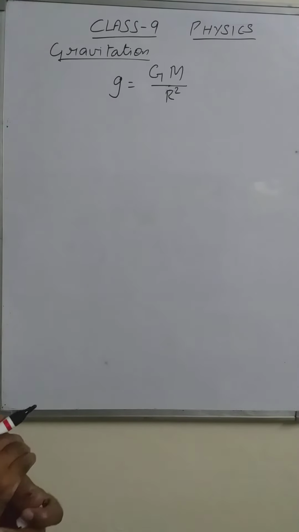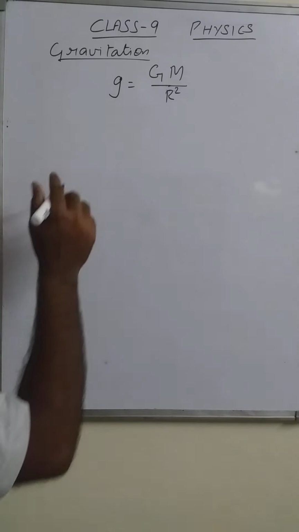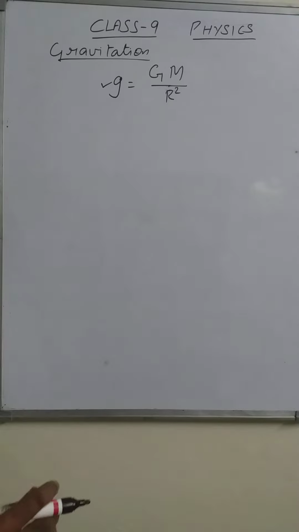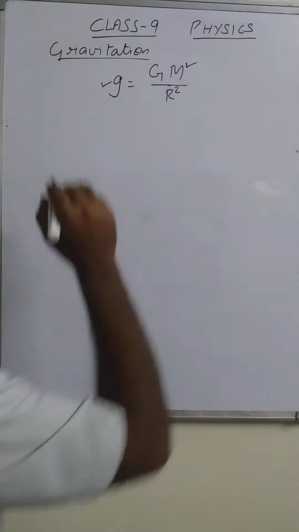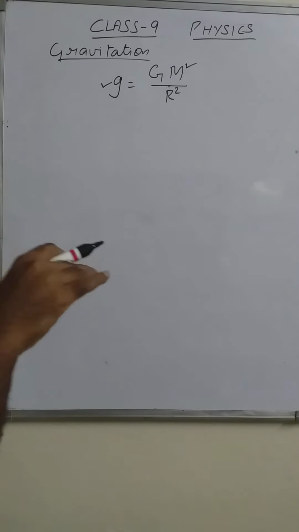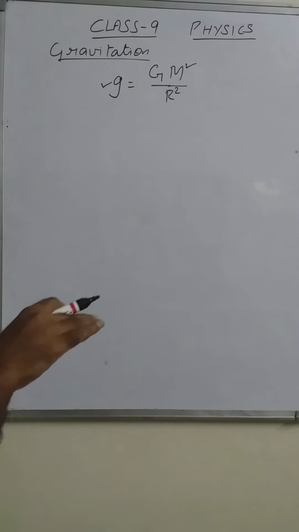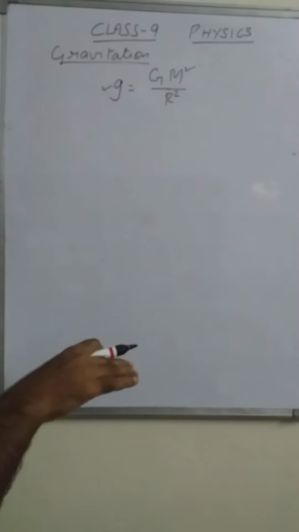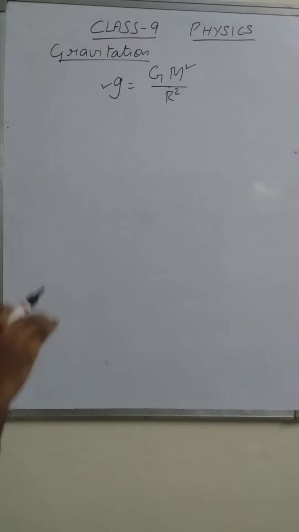From this relation, we can find out that the acceleration due to gravity depends on factors. It depends on the mass of the planet. This relation was obtained by taking the object in the Earth atmosphere.